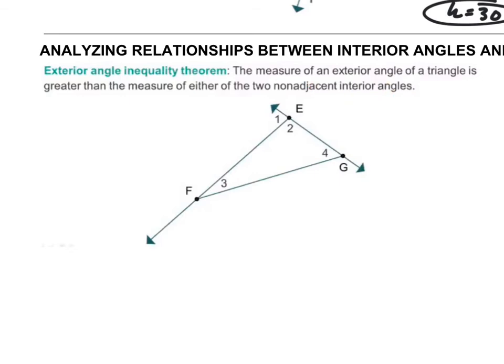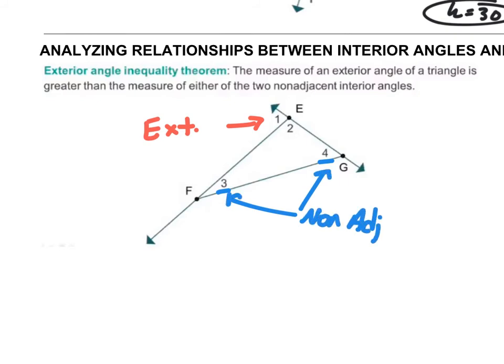So the exterior angle, angle 1, is my exterior angle, and angle 3 and angle 4 are the non-adjacent interior angles. We can also call them remote interior angles.